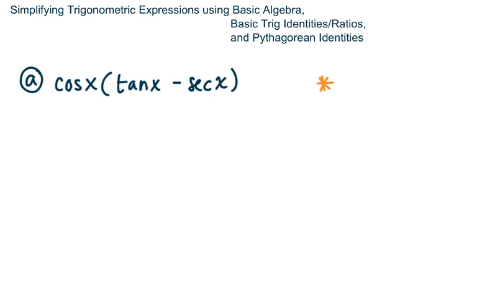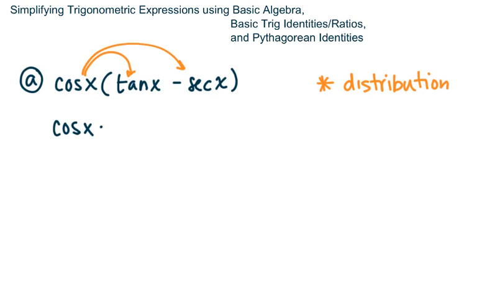And for this example, we're going to use distribution. So that is cosine x times tangent x and times negative secant x. So we're going to write that out. That's cosine x times tangent x minus cosine x times secant x.